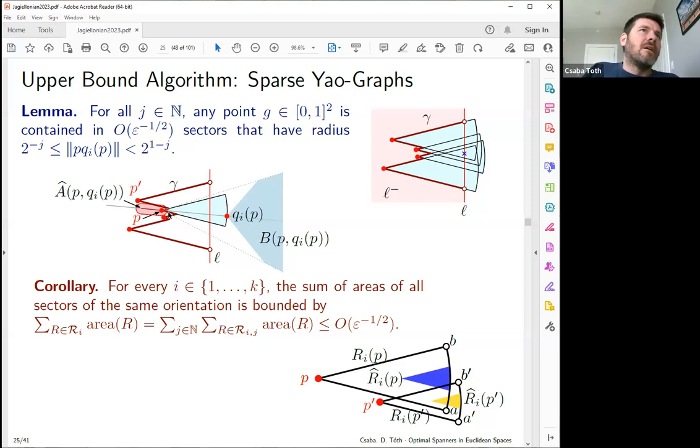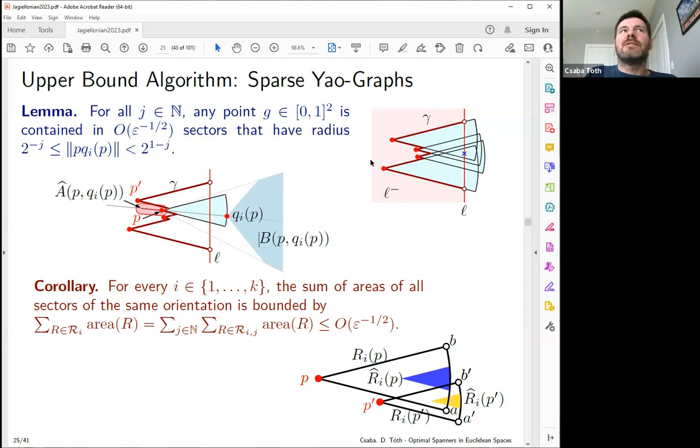How to explain this: when we added an edge from P to a point Qi, then we also don't add any edge from this nearby pink region to this larger blue region. That means that if this point X is contained in several different cones, these apices, these red points, cannot be very close together.